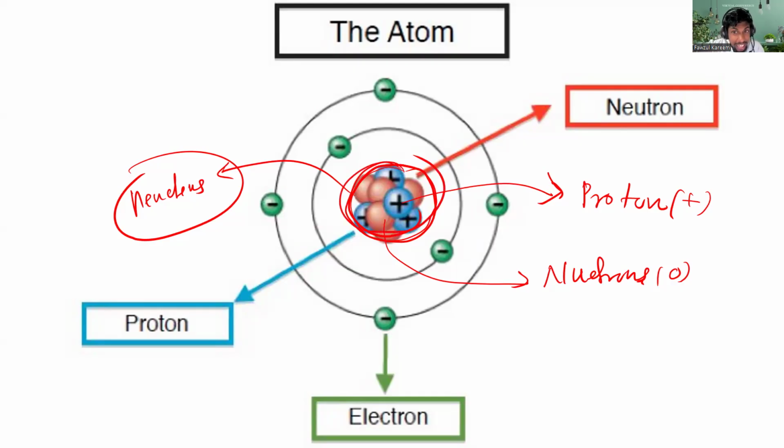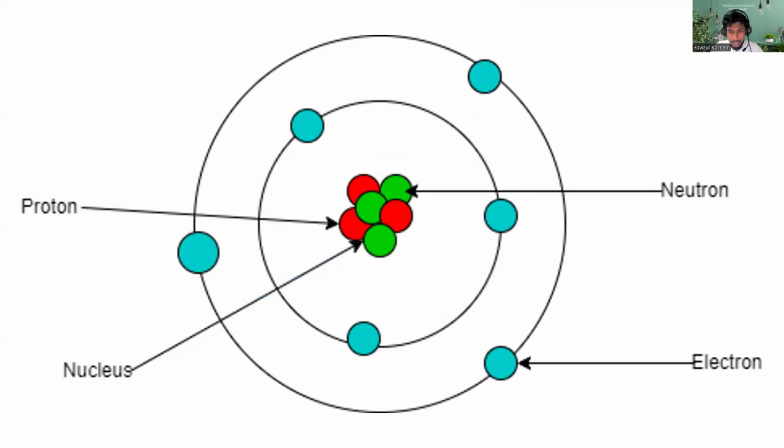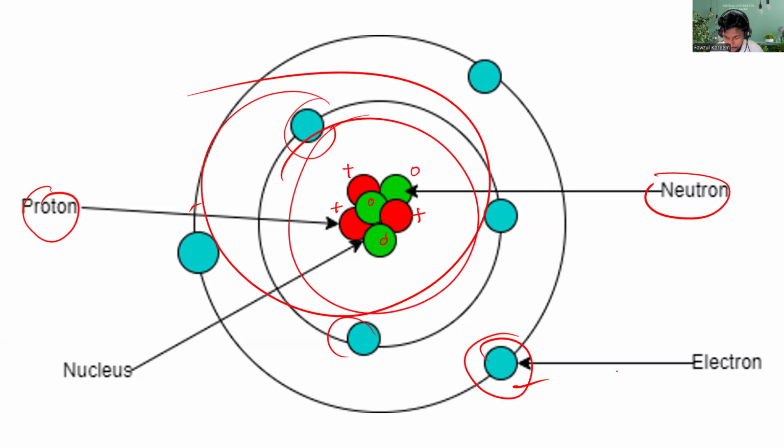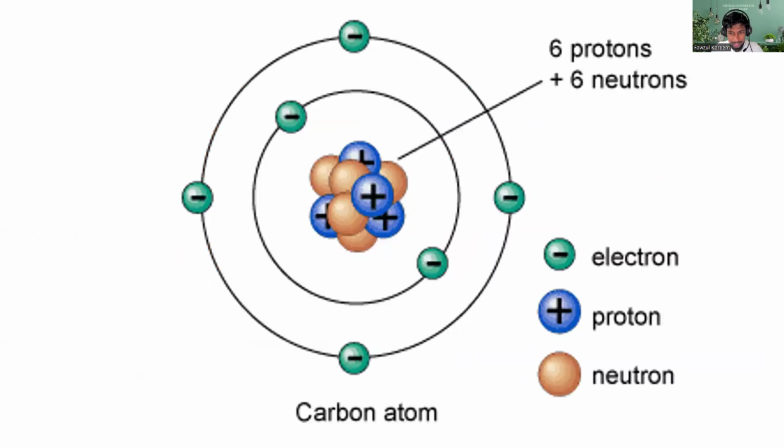Here is another image showing the same idea. The proton is at the center in red, with positive charge. The neutron has no charge, zero. And the electrons rotate around the nucleus, and they have negative charge.